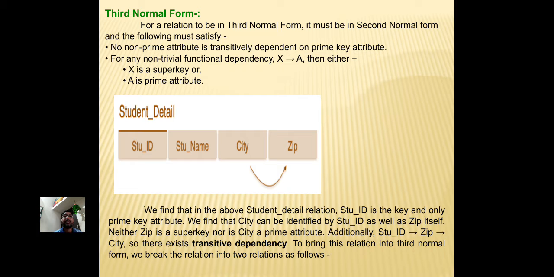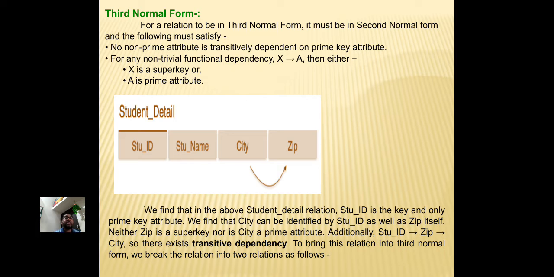We find that in the above student detail relation, student ID is the key and the only prime key attribute. We find that city can be identified by student ID as well as zip itself. Neither is zip a super key nor is city a prime attribute.